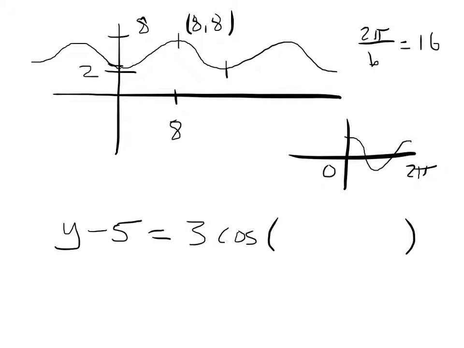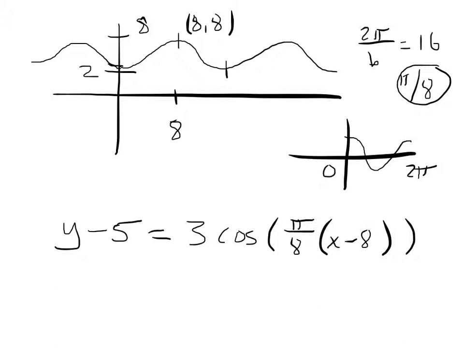So if I solve that for b, I then get b is going to be pi over 8. So if I put a pi over 8 in here for my b, and then to get a cosine, if I move this over 8 units, I replace x with x minus 8.